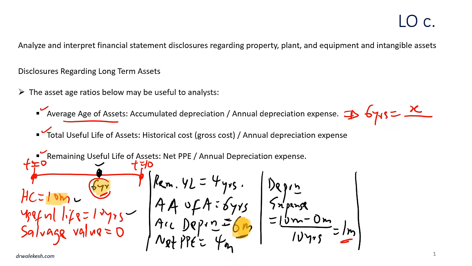So the annual depreciation from our calculation is 1 million. If we are to solve for x, x would be 6 million. 6 million divided by 1 million is 6.